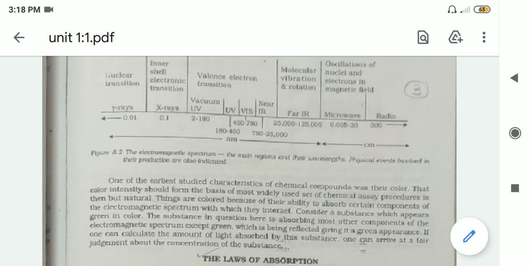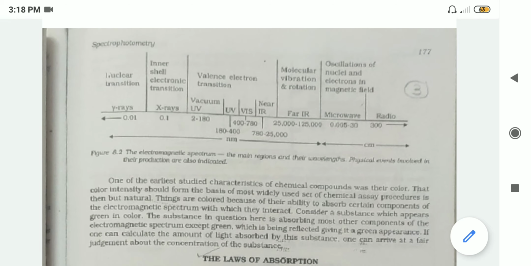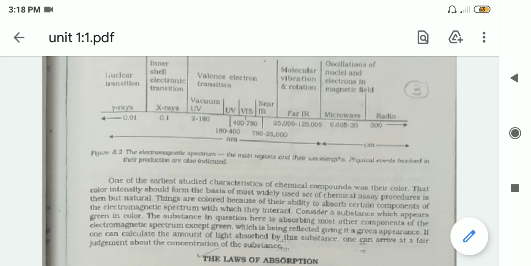Then comes the UV range, that is the ultraviolet range. The UV range has wavelengths from 2 to 120 nanometers. Also sometimes you will find that the UV range is around 200 to 400 centimeter inverse.